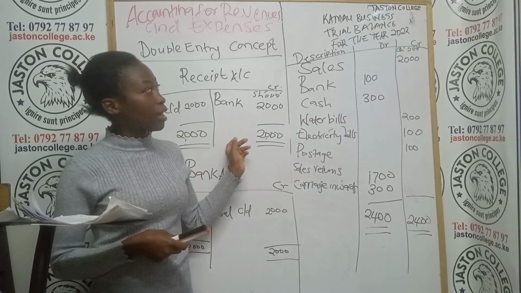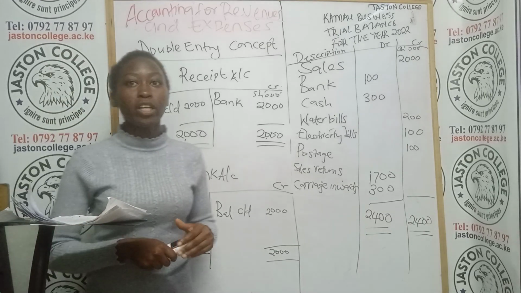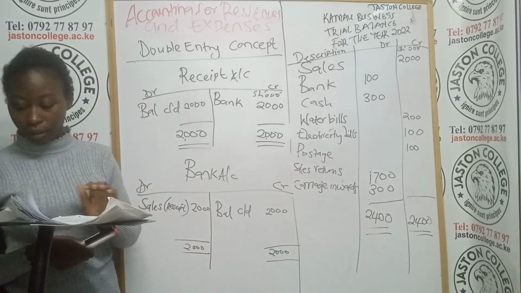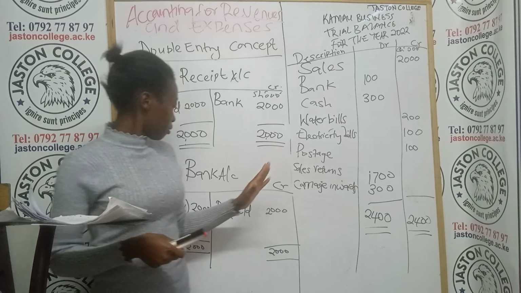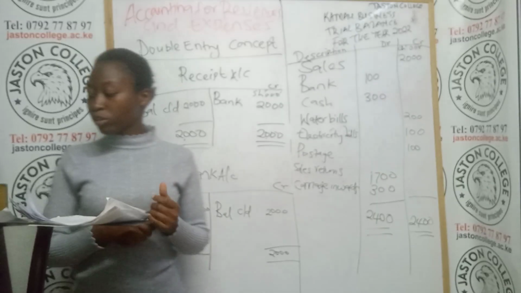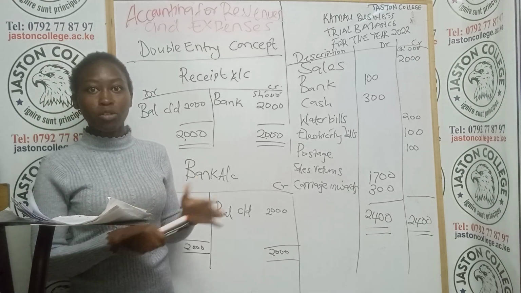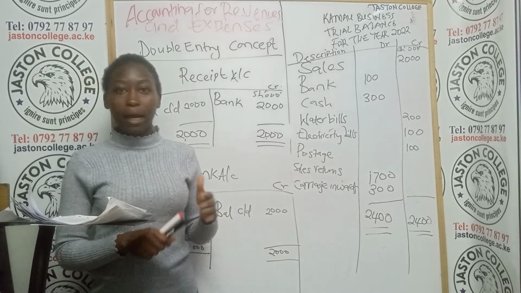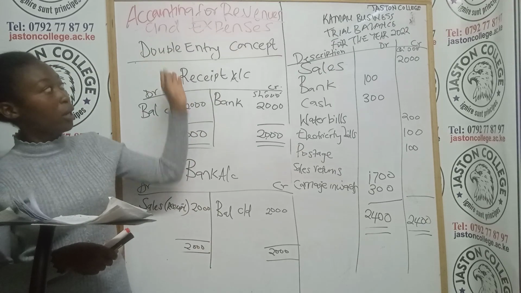So this is basically the concept of double entry, and we will make more practice on these questions. We also have the personal and the impersonal accounts in this concept of double entry.